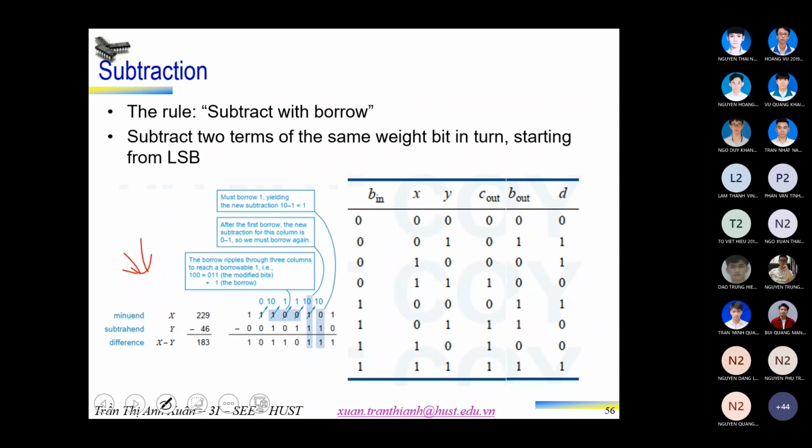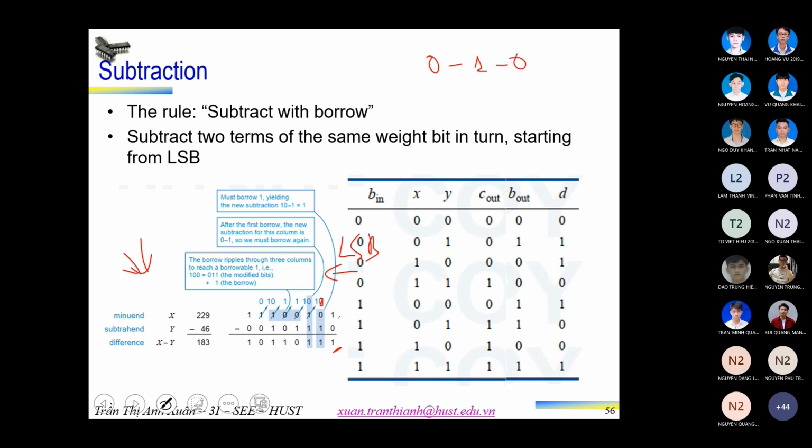So first we perform from the LSB. Here you see 1 minus 0 is equal to 1, no borrow. That means the borrow here is equal to 0. For the next bit we do 0 minus 1 minus 0.